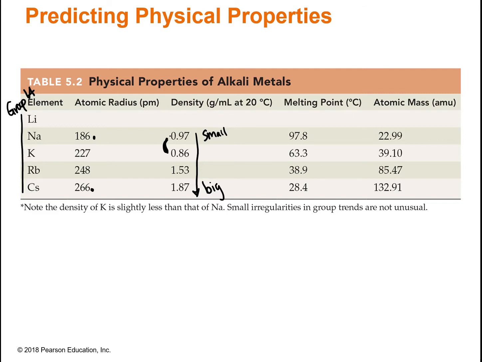Overall, you see a trend of the lighter element has a smaller density, bigger element, bigger density. We see a trend here for melting point where it's decreasing, and the atomic mass is increasing.